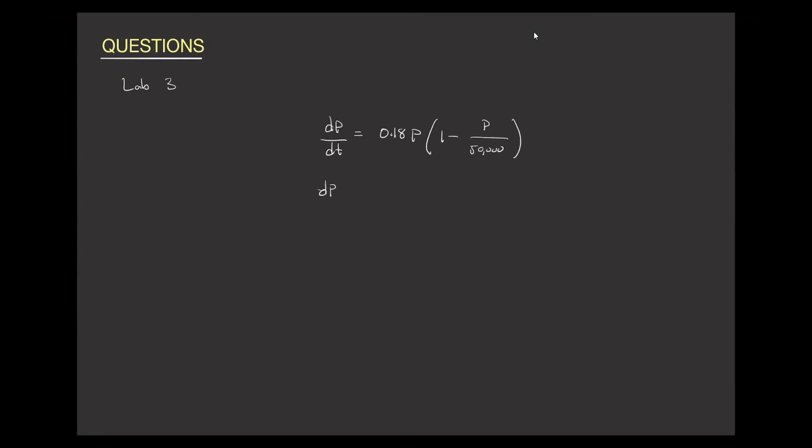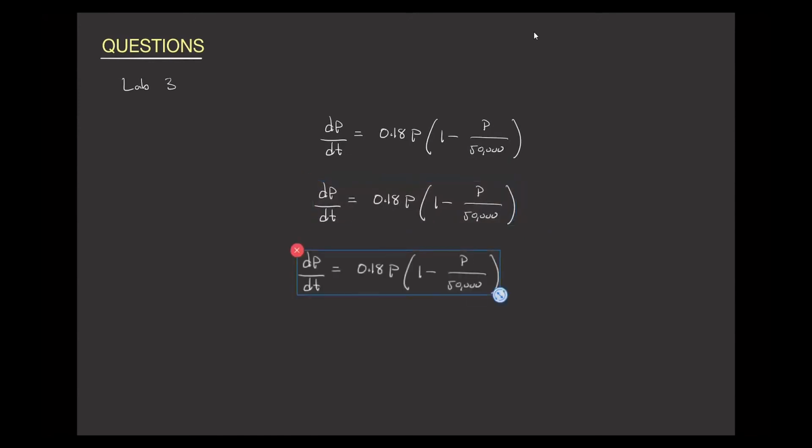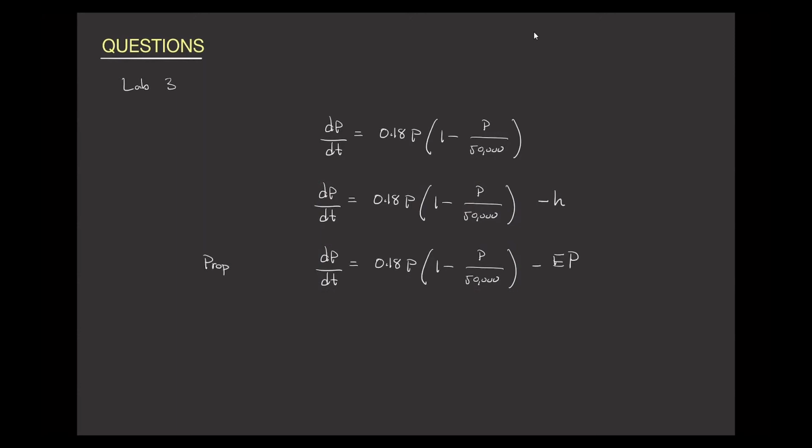We had the constant harvesting. And then we had the proportional harvesting, where this is minus h, and this is minus e times p. So proportional, this is constant, and this is no harvesting. So here were the 3 models.